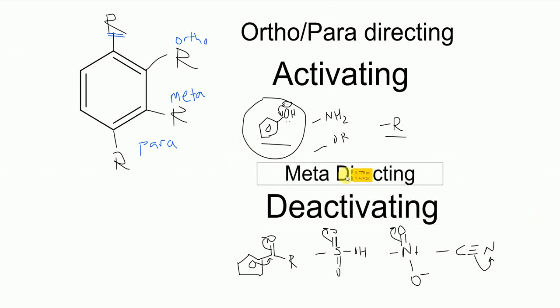This means if I have an OH or any other activating group, it's going to add to the ortho or para position. And I'm going to underline para here. Although there are two ortho positions and it might seem like statistically it's more likely to add ortho, there are always two ortho positions relative to a particular group. But for the para position, what's very important is stability.